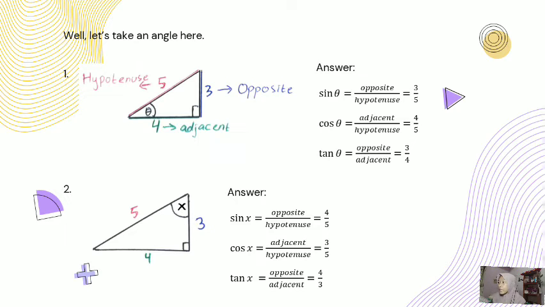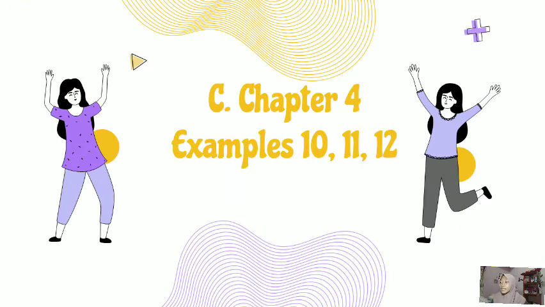Number 2, opposite equals 3, hypotenuse equals 5, and adjacent equals 4. And the answer, sin x equals 4 per 5, cos x equals 3 per 5, tan x equals 4 per 3.